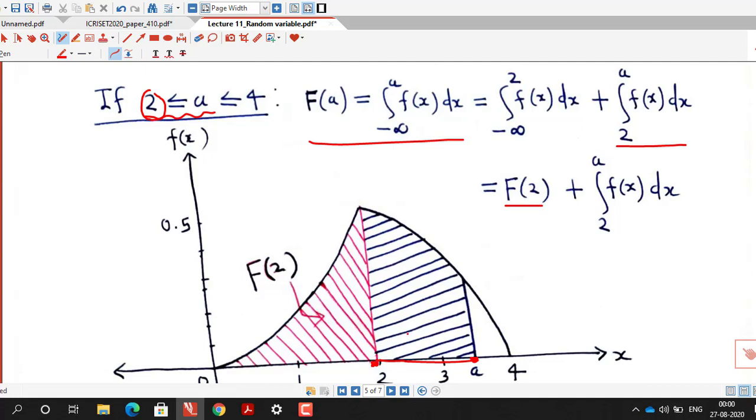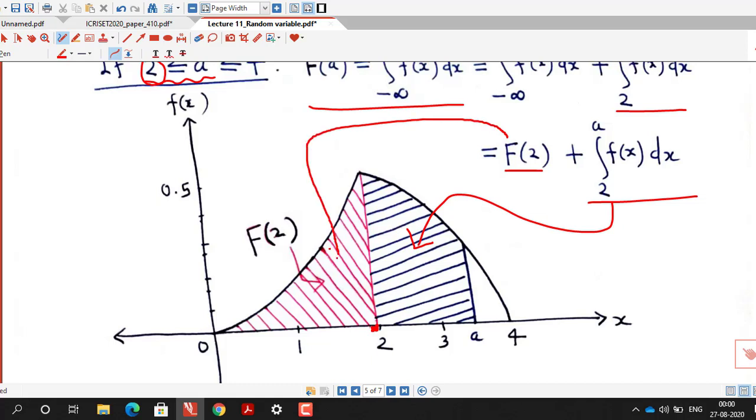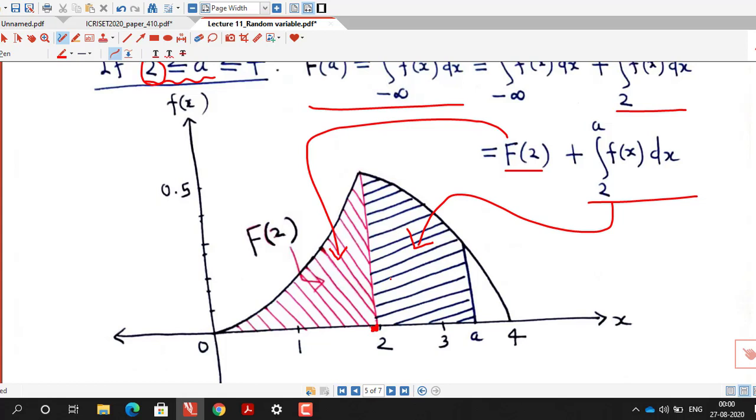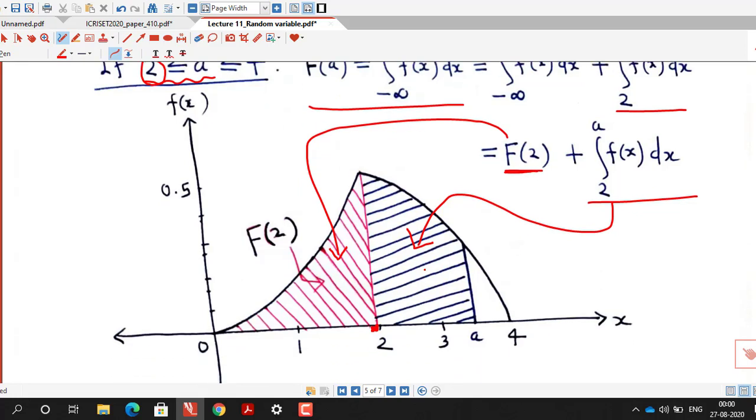Area to the left of 2 is capital F of 2, and this area to the right of 2 is nothing but the integral of the PDF between 2 and a. So the area up to small a is the summation of these two areas: the area to the left of 2 is F of 2, and the area to the right of 2 and left of a is the integral of the PDF from 2 to a.